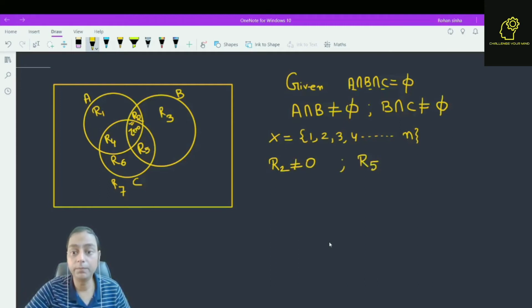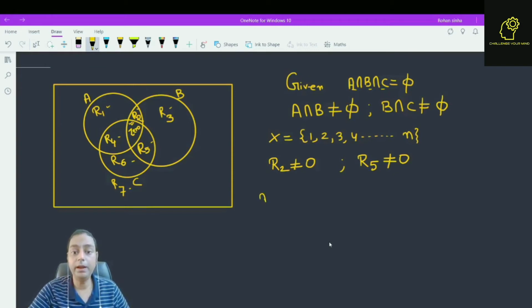R5 is also not equal to 0 because it is given here. What we have done, we have divided the whole space into 7 parts. This is R1, R2, R3, R4, R5, R6, R7. This is 0. This part is none. Nothing is there in A intersection B intersection C.